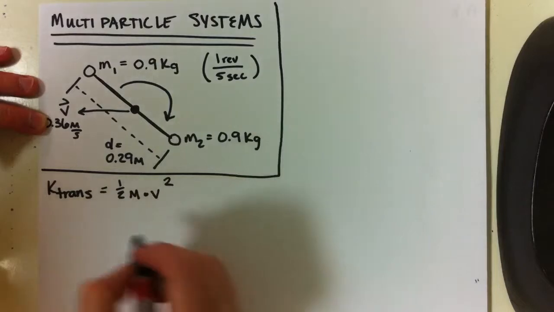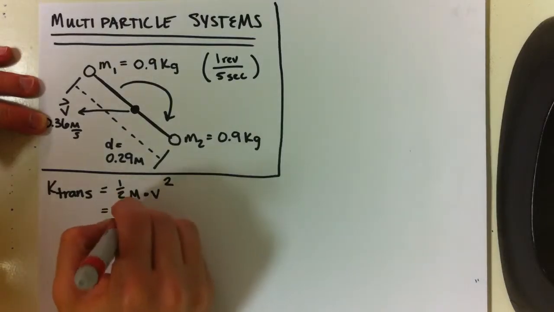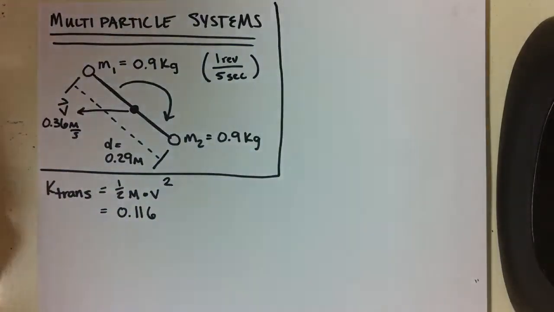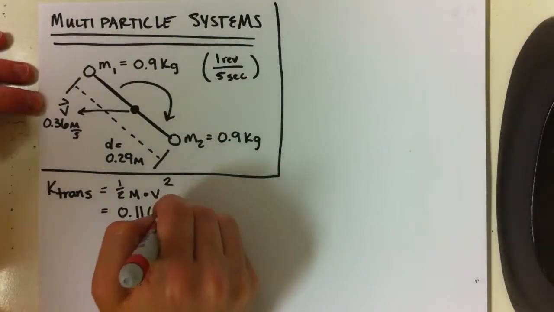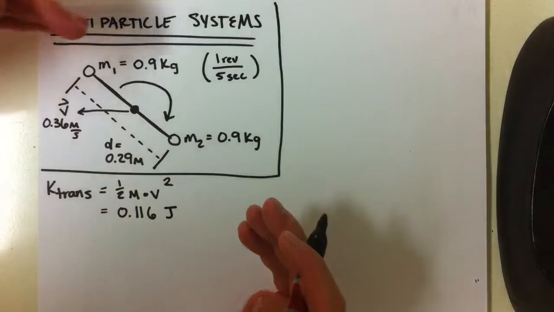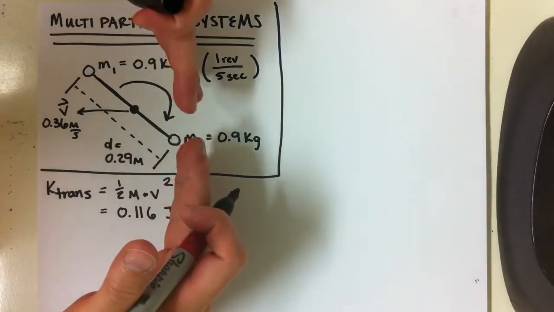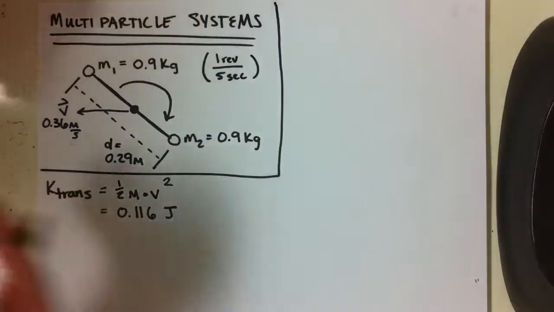And we can plug in all our numbers, and what we would get is 0.116 joules. Now this is our kinetic translational energy, as the barbell is moving this way.